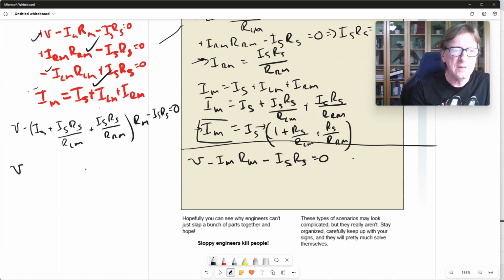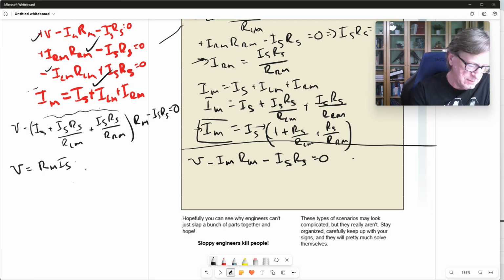So I'll have V then is equal to, I'm going to multiply through by my RM, and that's going to be positive RM IS, and then of course this whole expression right here is going to be positive. Keep that in mind when I move it to the other side. So that gets rid of all my minus signs, which should be nice and easy for me.